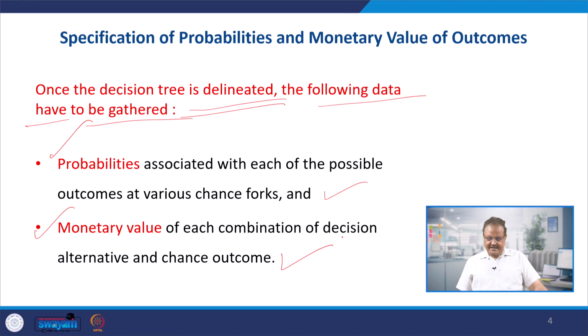So it means a decision's monetary value will depend upon its chances of happening or becoming successful. You have to first find out the probabilities of the decisions happening as per the expectations, and then the monetary value.